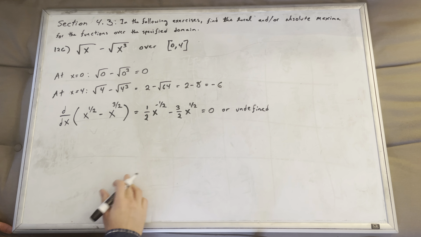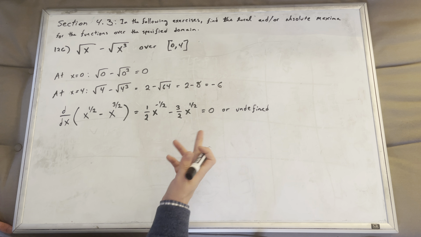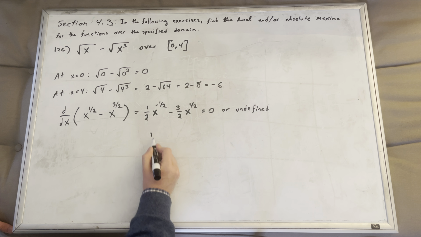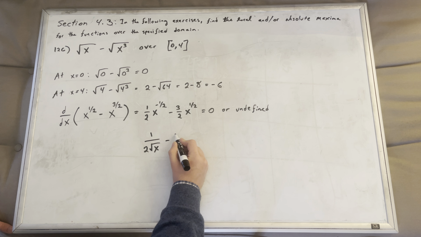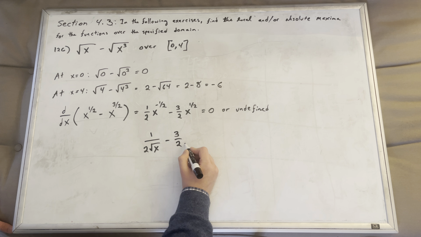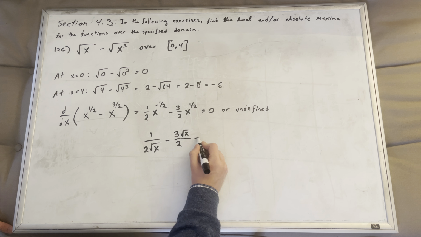If I rewrite this using negative 1/2 and 1/2 as their square roots, this looks like 1 over 2 square root of x minus 3 square root of x over 2, equal to 0.